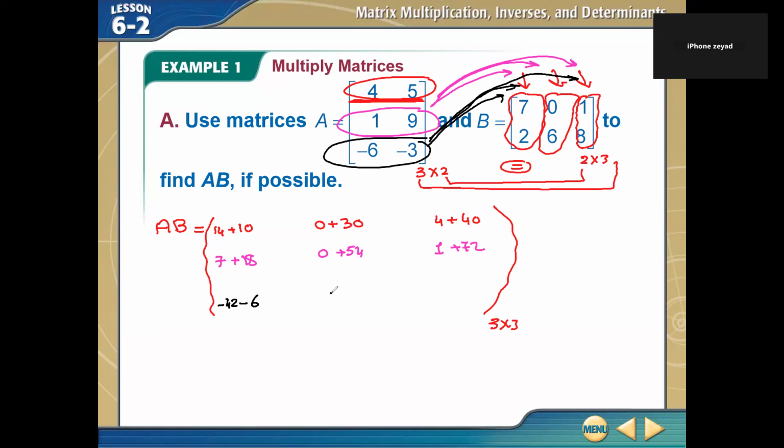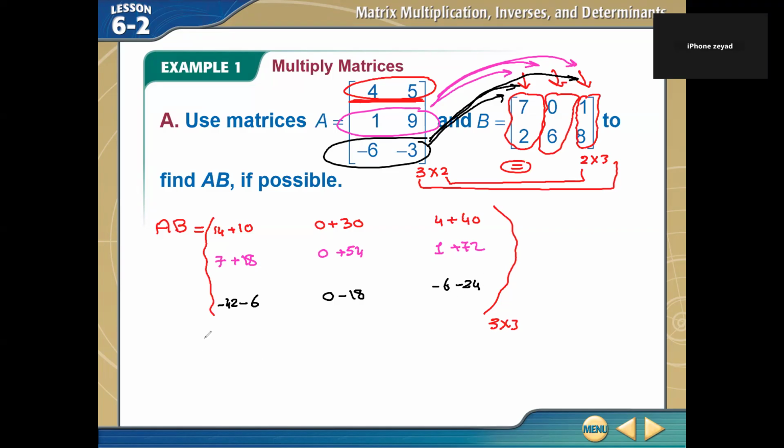Negative 6 multiplied by 0 is 0, and negative 3 multiplied by 6 equals negative 18. For the last column, negative 6 multiplied by 1 equals negative 6, and negative 3 multiplied by 8 equals negative 24.